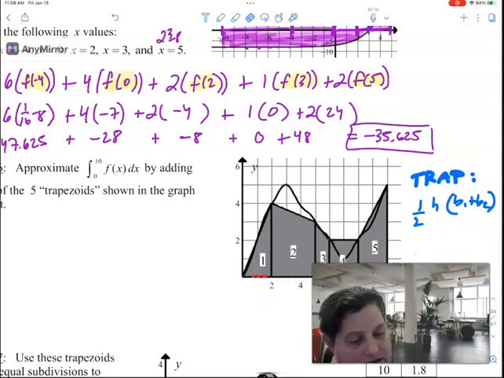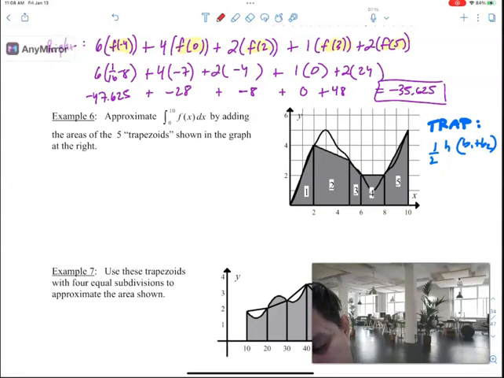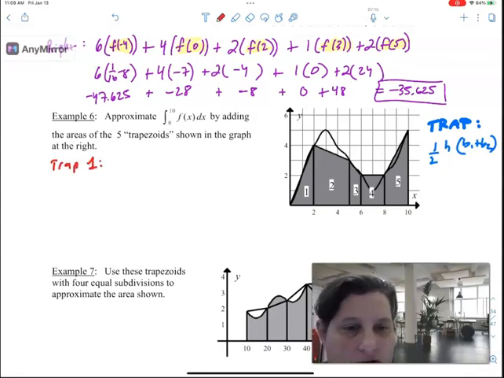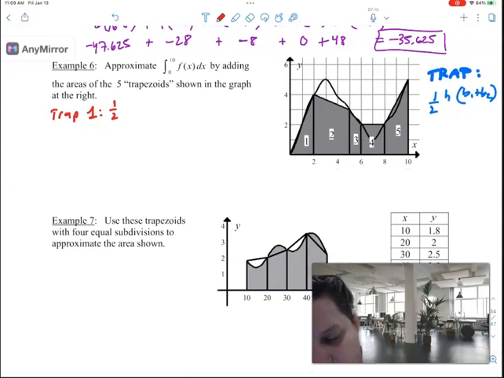All right. So let's see. Let's come over here and let's go. All right. Got to add the 5 trapezoids. So let me do it like this. Trapezoid 1. Now, if you want to say, Mitchell, that's a triangle. I ain't doing a trapezoid. I'm going to do a triangle. Go right ahead. But it basically goes like this. It's 1/2. The height of the trapezoid is like the base, so that's 2. And then it's f of 0 plus f of 2, averaged out.